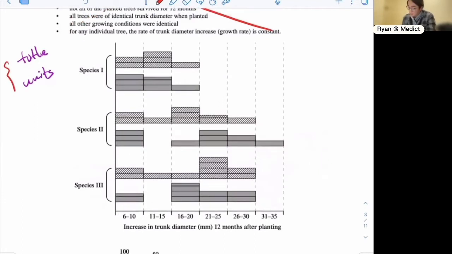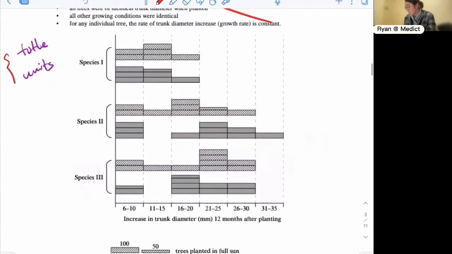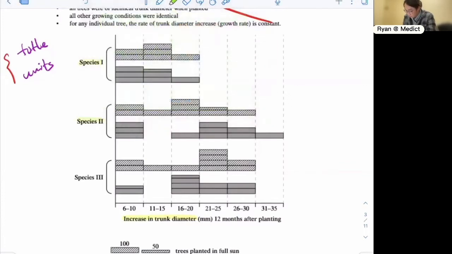And what we see here is on the x-axis is the increase in trunk diameter, and on the y-axis, what we see is species 1, species 2, species 3. So that means we have 3 species of something. It doesn't really matter what they are, but judging by the word trunk, we probably can assume they are some kind of plant. They're probably trees, right?